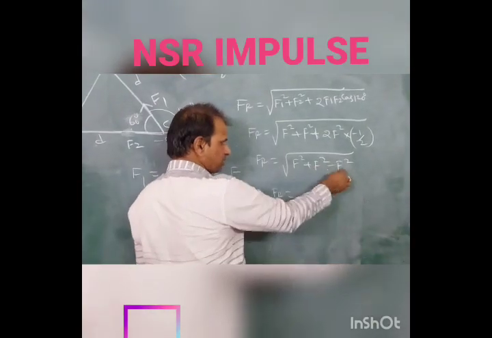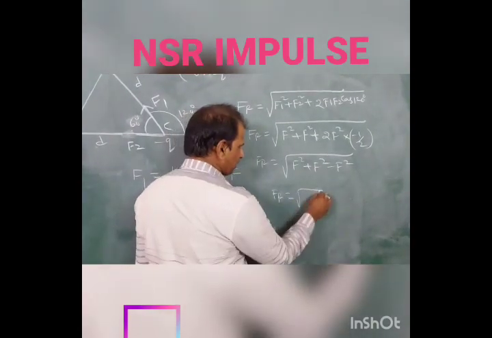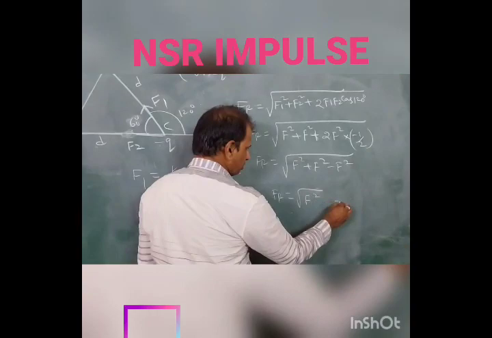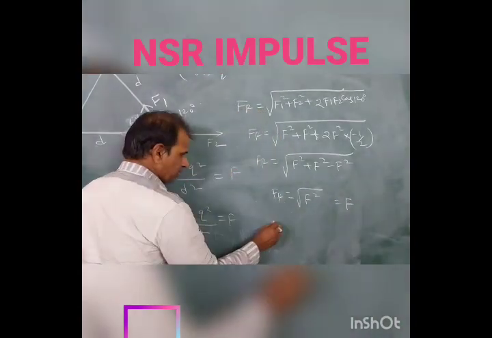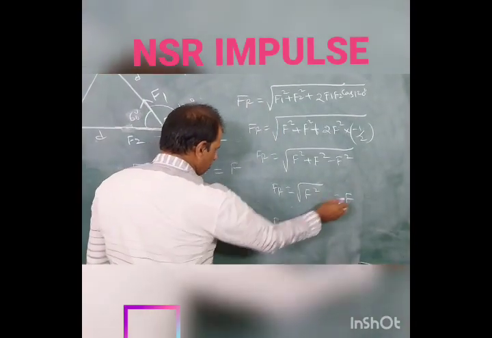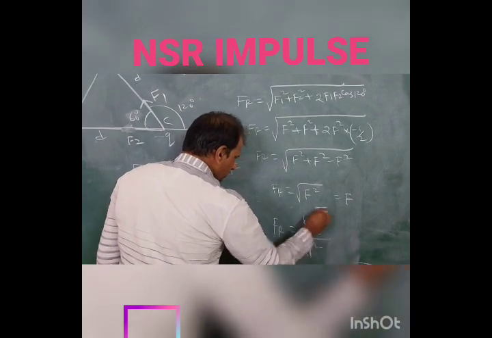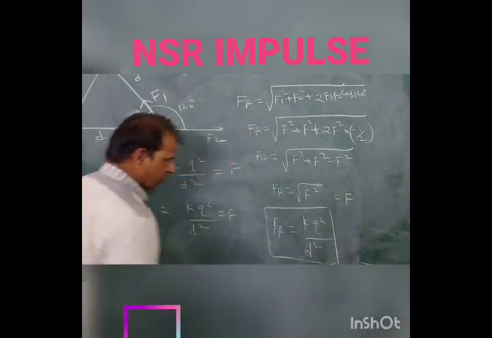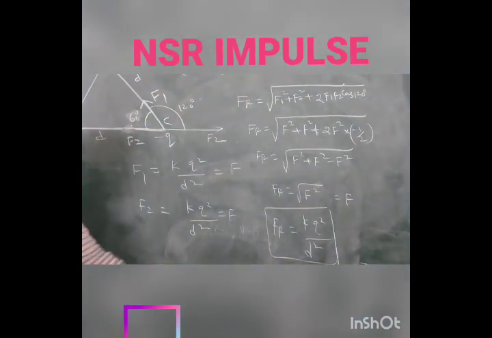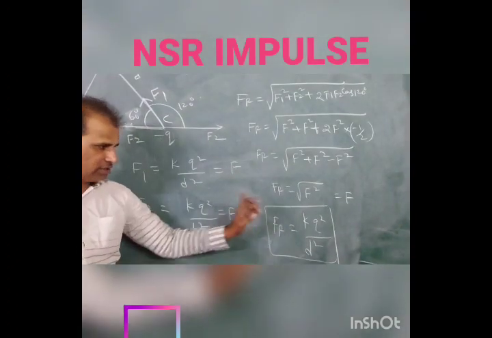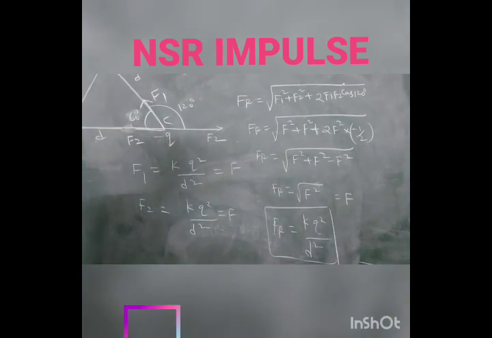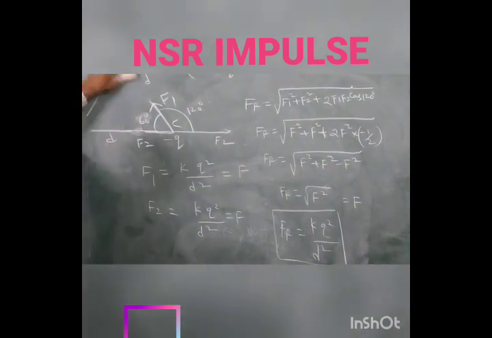F square minus F square gets cancelled. This is root F square, which is equal to F. Fr is equal to F, that is K Q square by d square. This is the resultant force acting on this particular charge, minus Q.